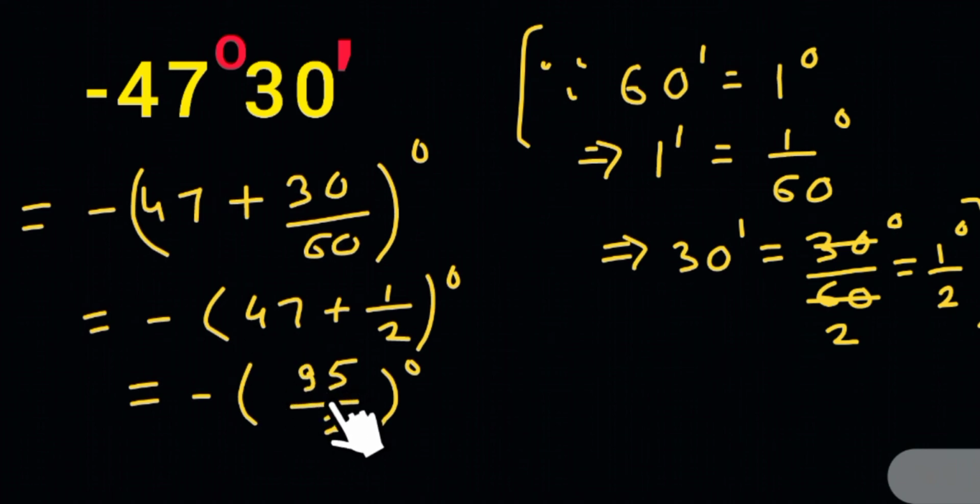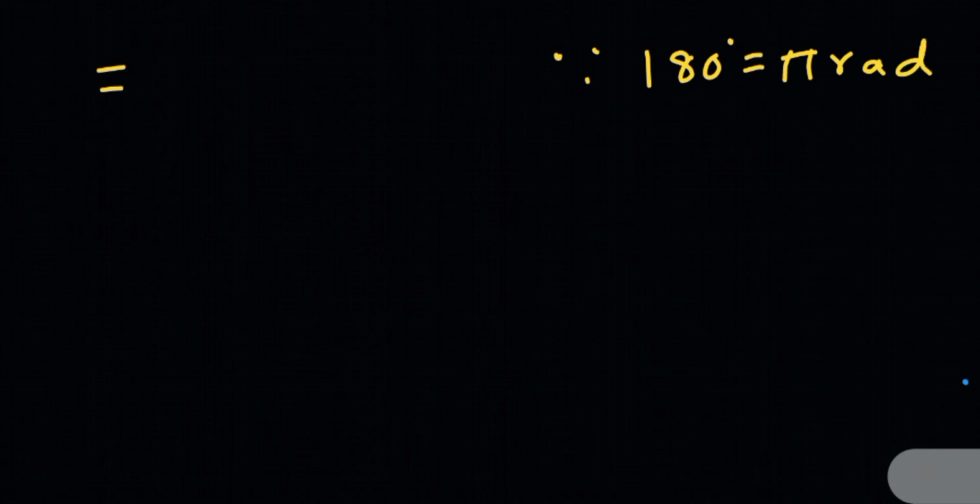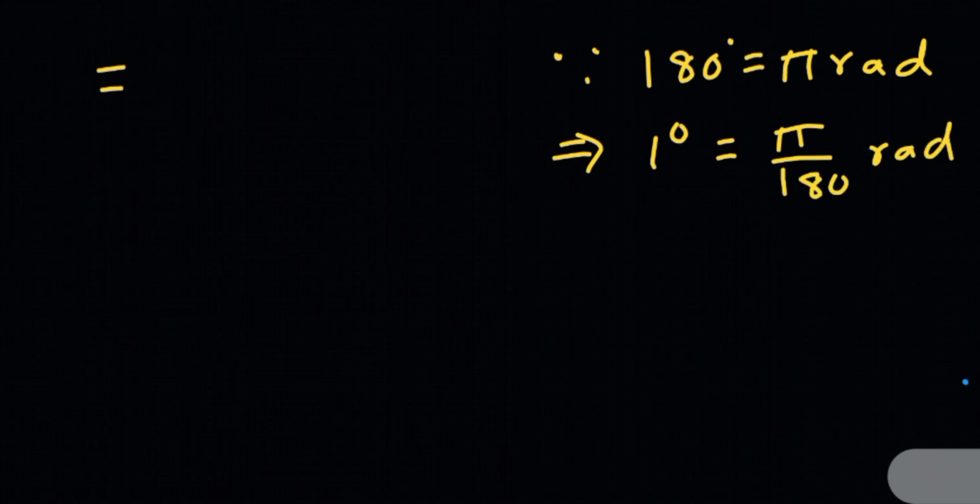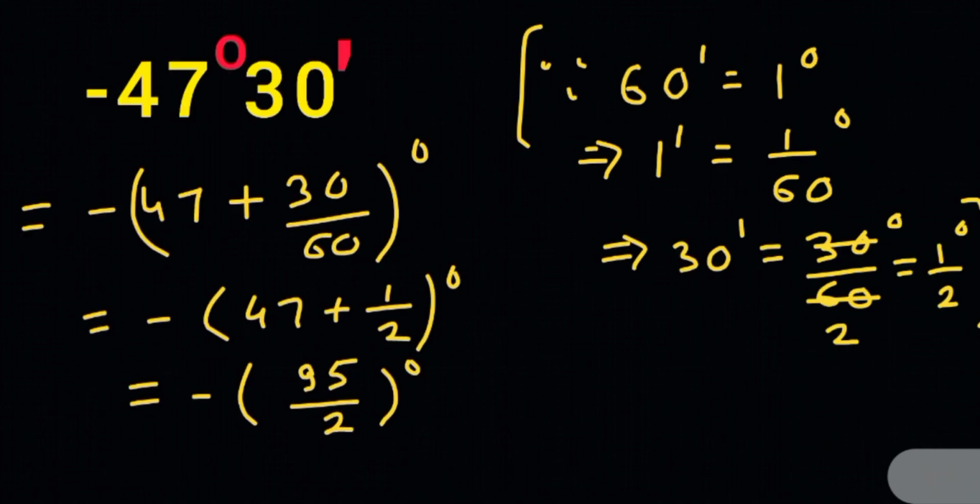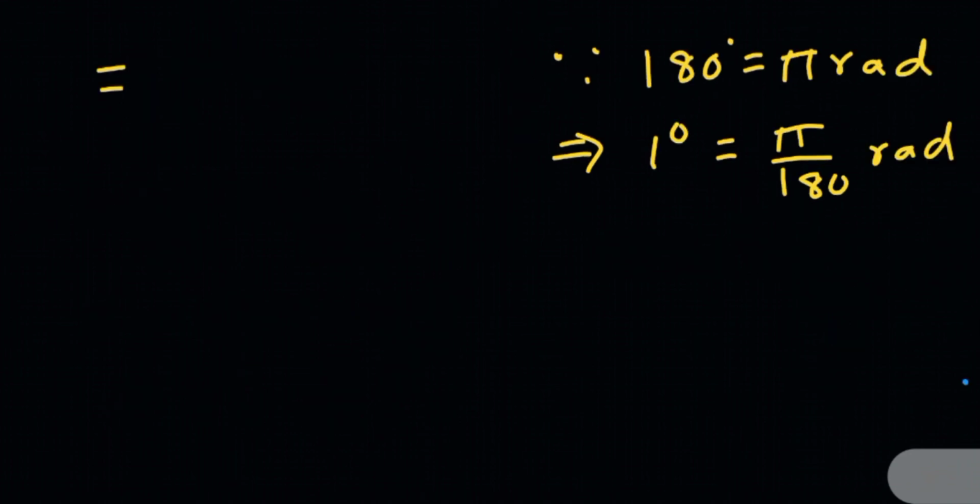Now this degree measure I have to convert into radian measure. Since 180 degree is equal to pi radian, this relation we know, so 1 degree is equal to pi upon 180 radian.